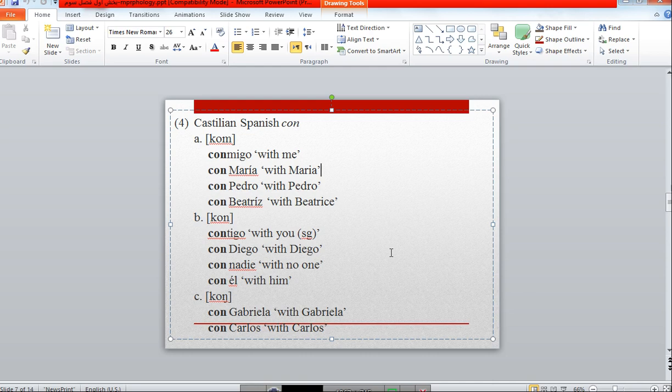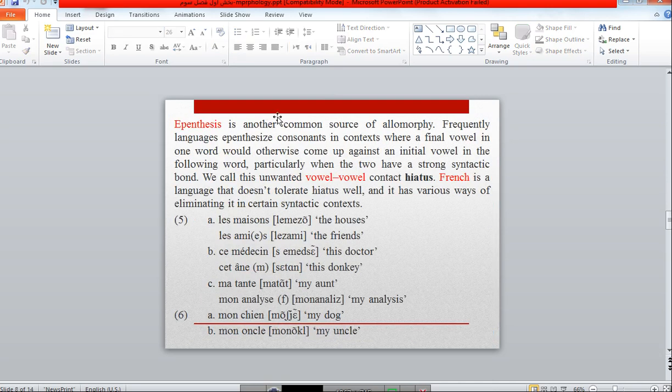Epenthesis, I talked about epenthesis in the previous part. Epenthesis is another common source of allomorphy. Frequently, languages epenthesize consonants in contexts where a final vowel in one word would otherwise come up against an initial vowel in the following word, particularly when the two have a strong syntactic bond.